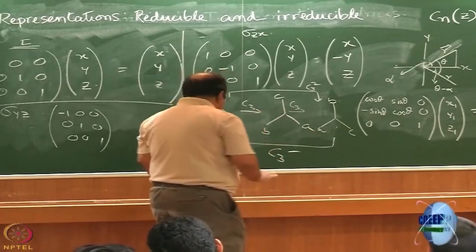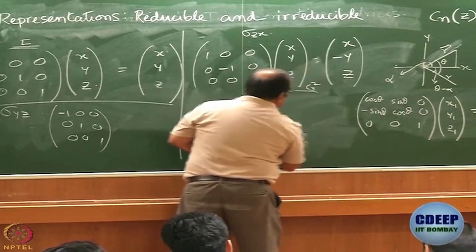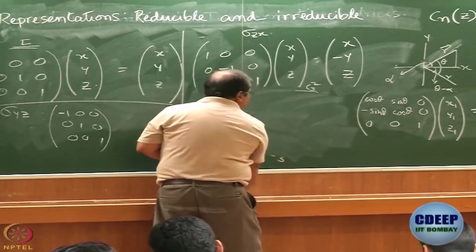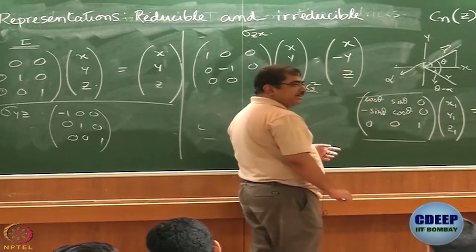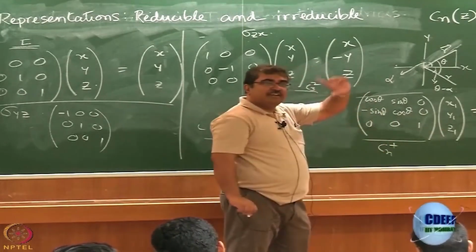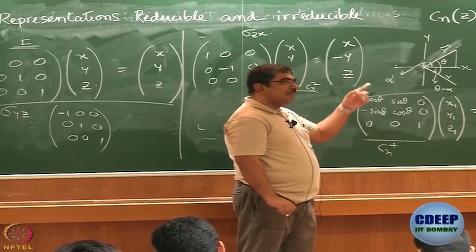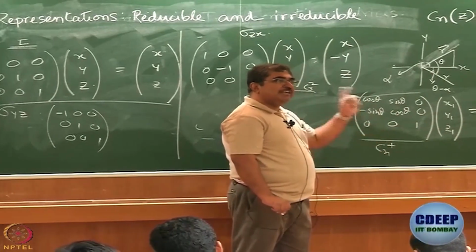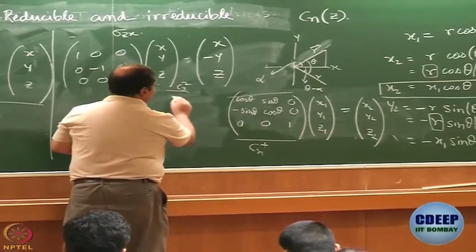What I would like you to do is, I will give you the answer, but you work it out yourself. This here is the transformation matrix for Cn plus, right? We have taken a clockwise rotation. I ask you to work out the transformation matrix for an anti-clockwise rotation. You will get something like this.